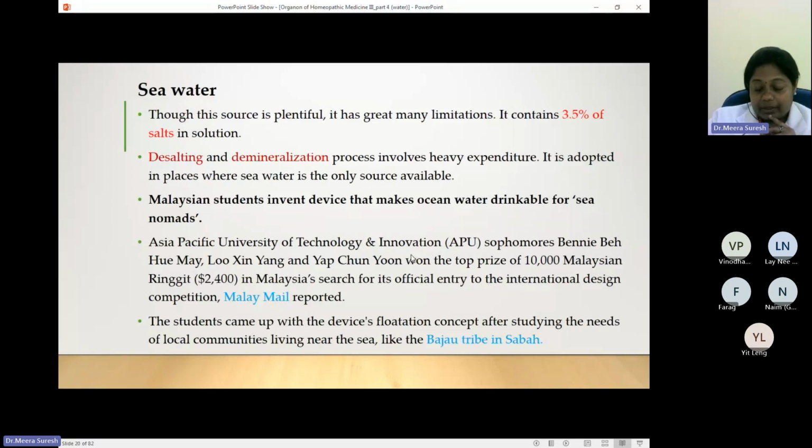They made a machine design for this process of desalination and demineralization. The students came up with the floating device concept after studying the needs of local communities living near the sea, like the Bajau tribe in Sabah.